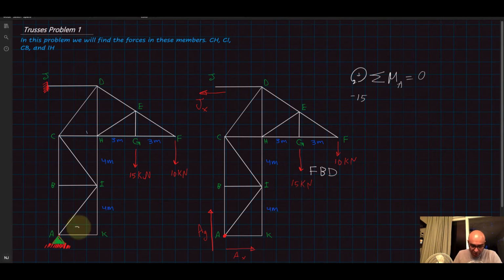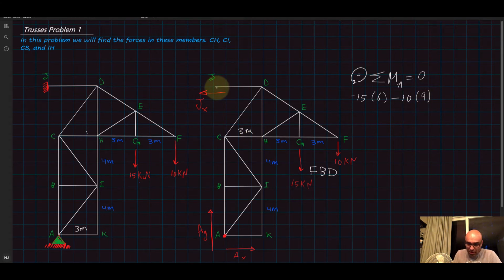So 3 plus 3, that's 6. I'm going to say 6. And if we look at this force here, it's acting also clockwise, so I'm going to make it minus 10 times 3 plus 3 plus 3, so minus 10 times 9.